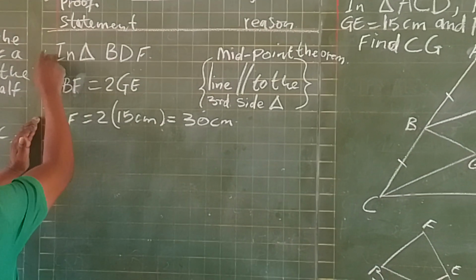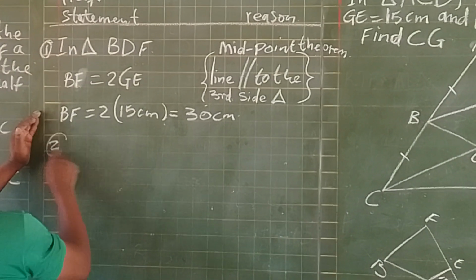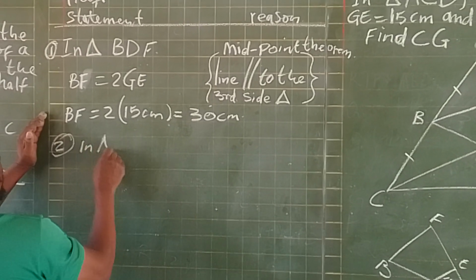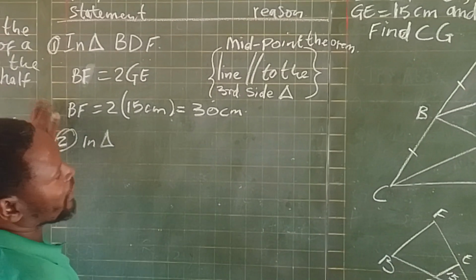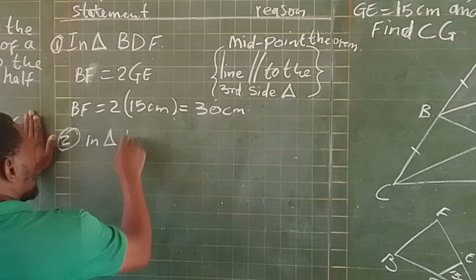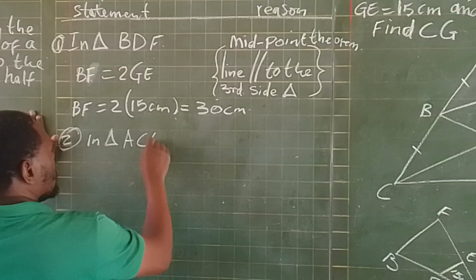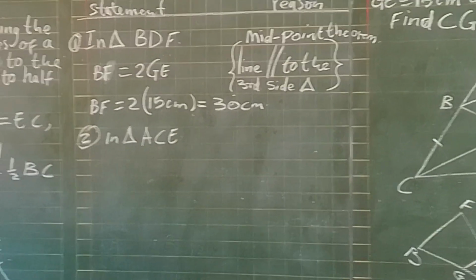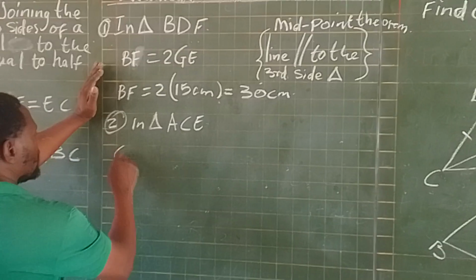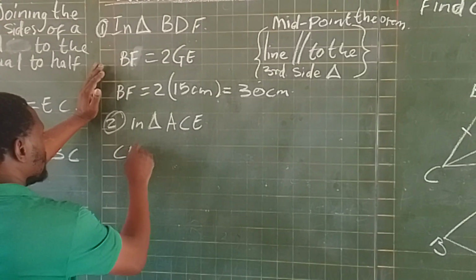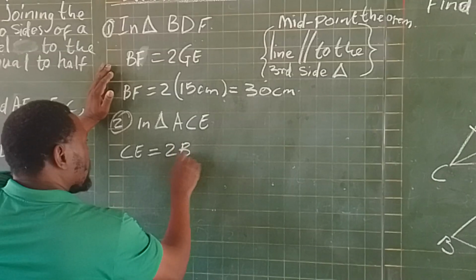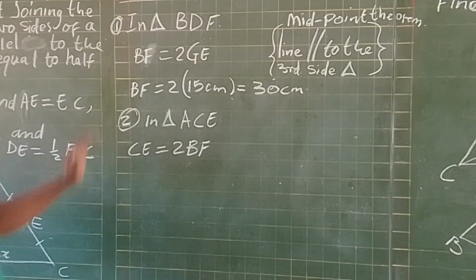Then we are going to case number 2. We consider triangle ACE. Then CE is equal to twice BF.